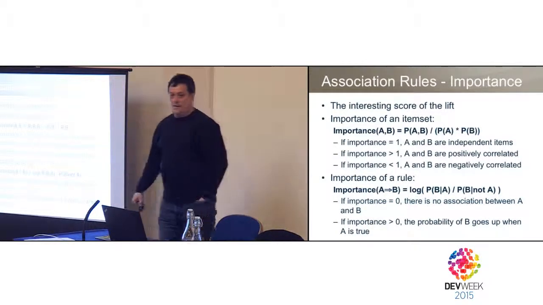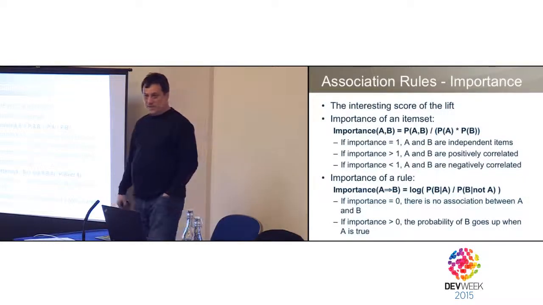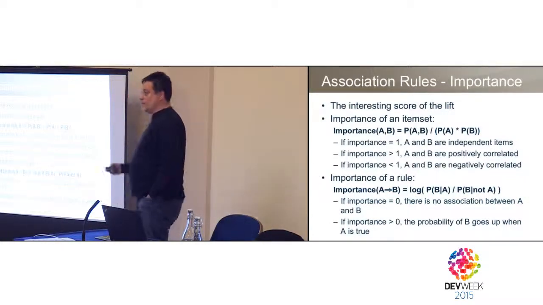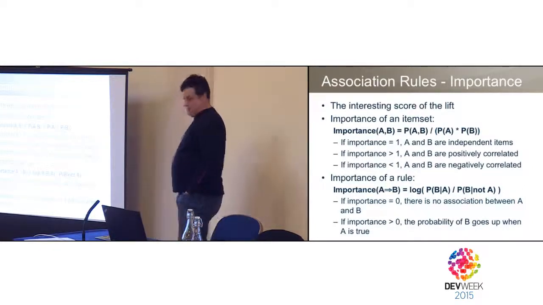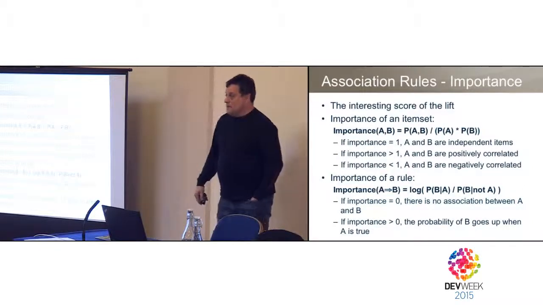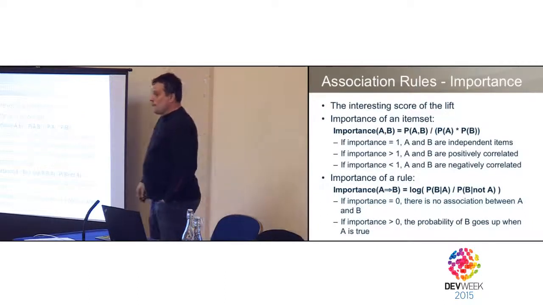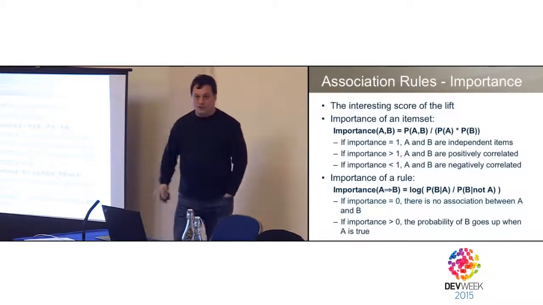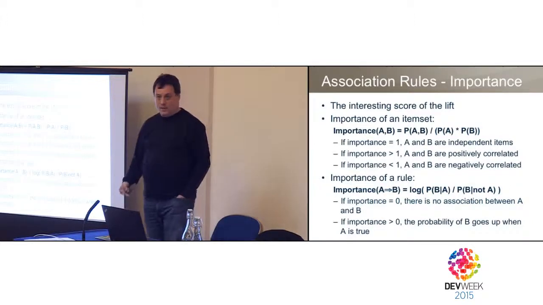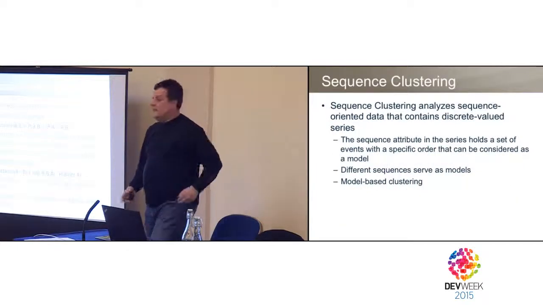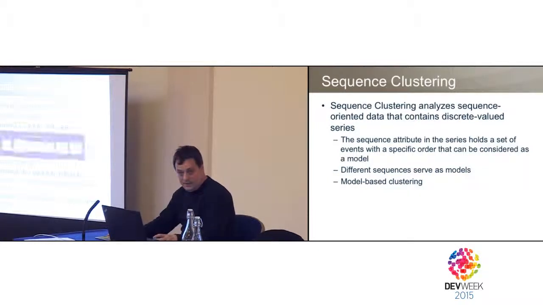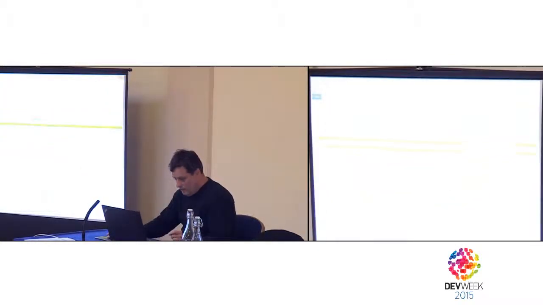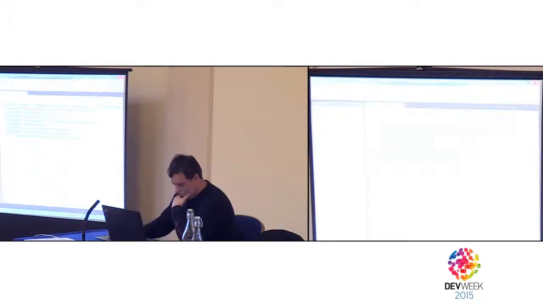And the higher the negative value, the higher the probability that item B is not in the basket if item A is in the basket. So all of these coefficients are automatically calculated by association rules, and really no need to do any kind of manual thing. So let me go and define association rules.